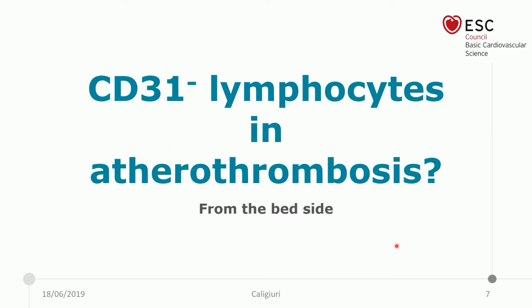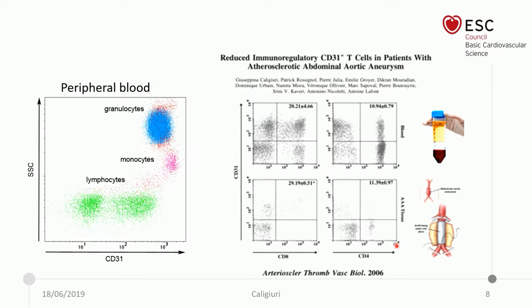So, if I look at CD31 negative T cells, lymphocytes, in the peripheral blood of patients that have immune problems, in my case, the most important immune problem was atherosclerosis. What do I find? So I went to the bedside. I started looking for this population in the blood, as I was able to do already, and in the tissue.